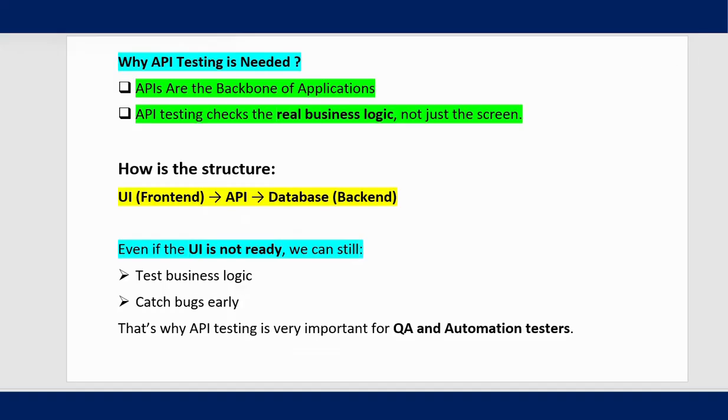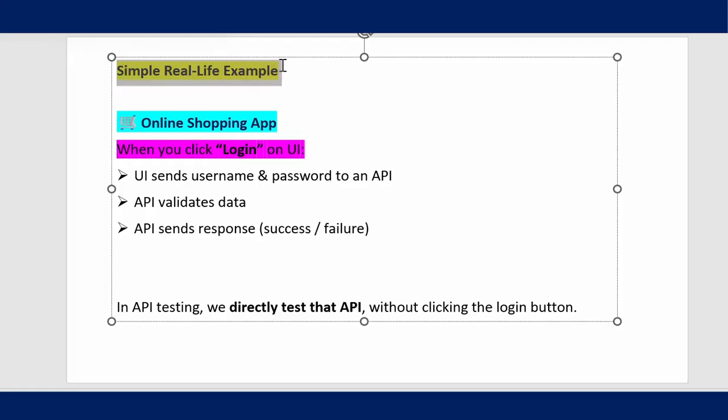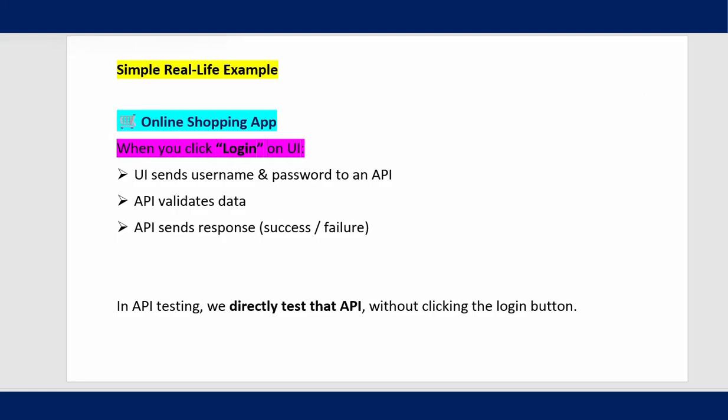So let's get to another slide. If we talk about a simple real life example, let's consider an online application for shopping. For the shopping application, we have to click the login on the UI.